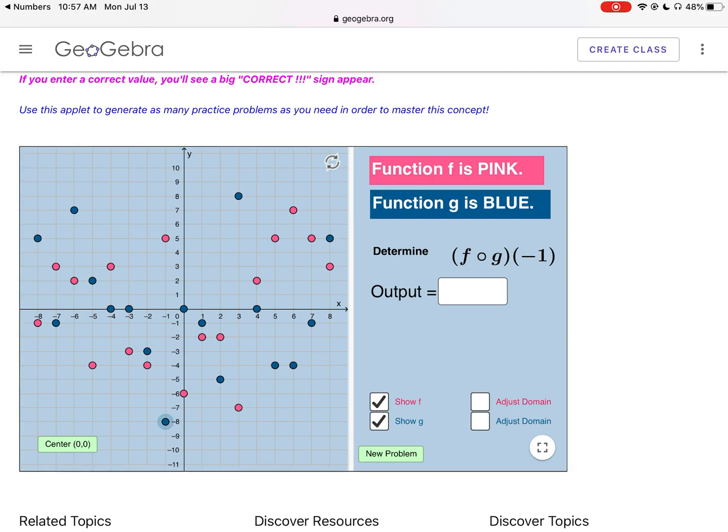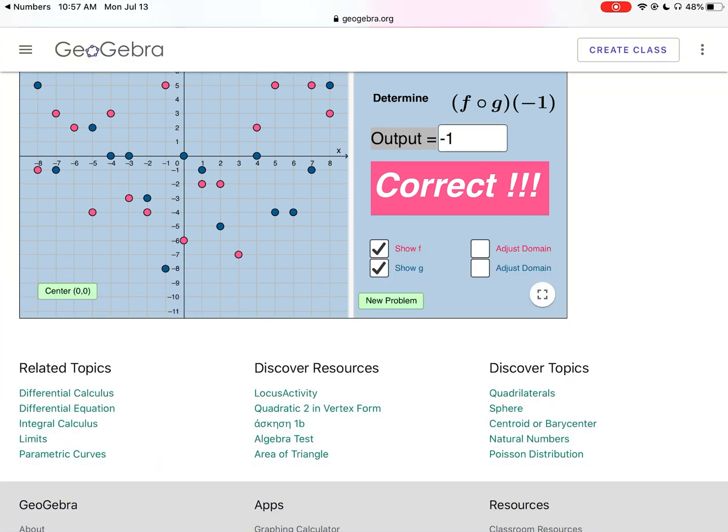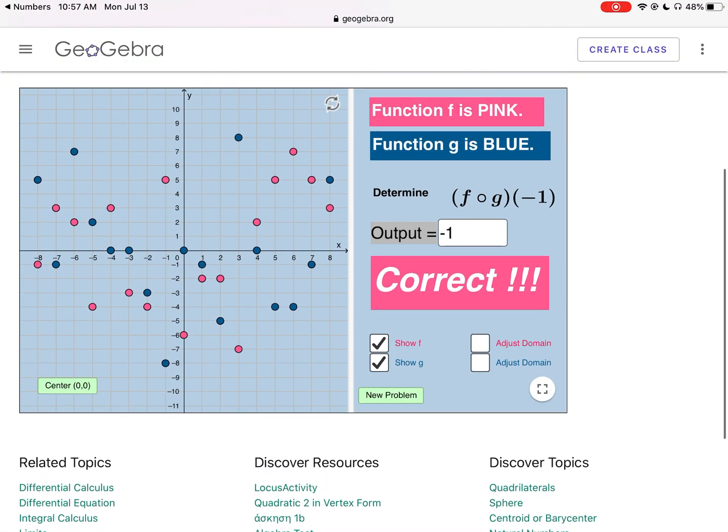The corresponding y coordinate to that point is -8. So now I take that -8 and I plug it in as an x value for the function f. f of -8 corresponds to this point, and it has a y value of -1, which would be my output. So I'm going to type in -1, hit return, and notice it tells me that I am correct.